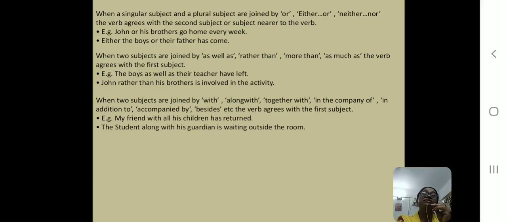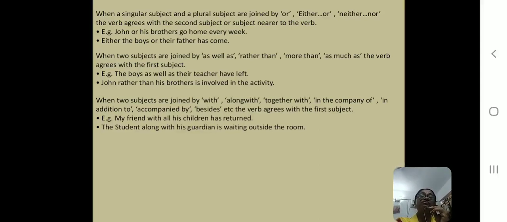Next one: when two subjects are joined by with, along with, together with, in the company of, in addition to, accompanied by, besides, etc., the verb agrees with the first subject. So you will have to remember that when two subjects are joined by all these words like with, along with, together with, at that time the verb will agree with the first subject.